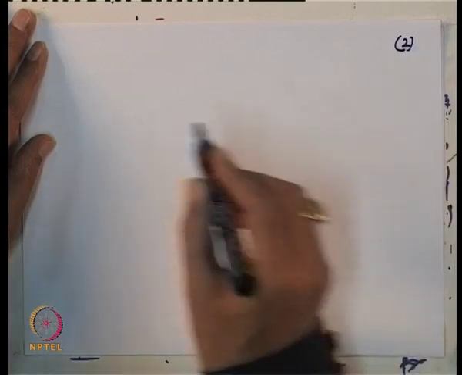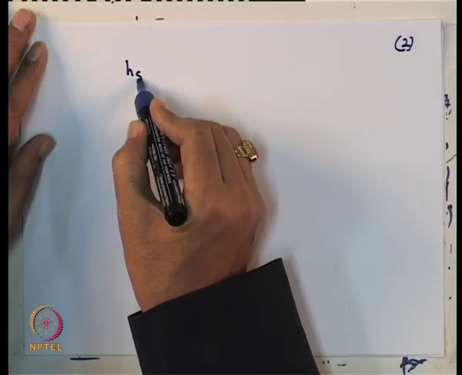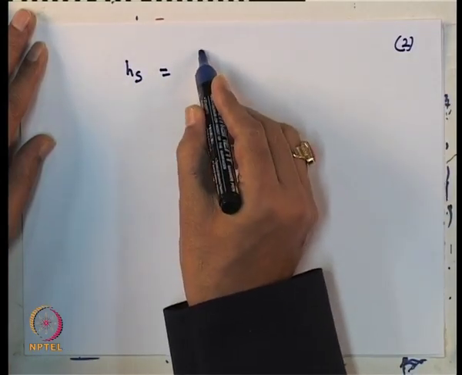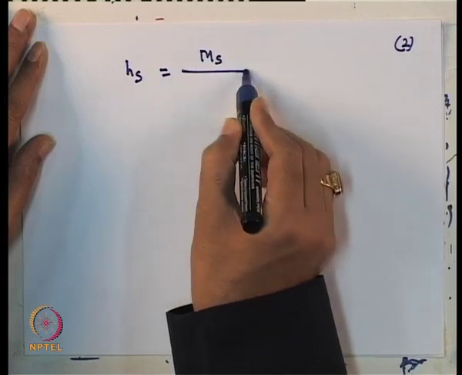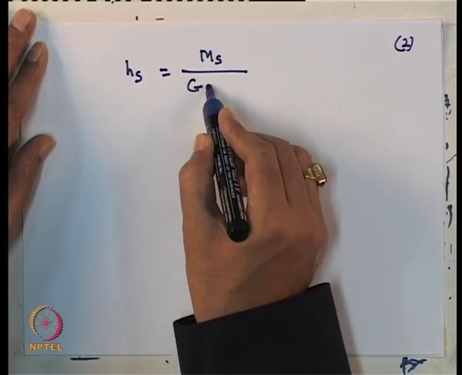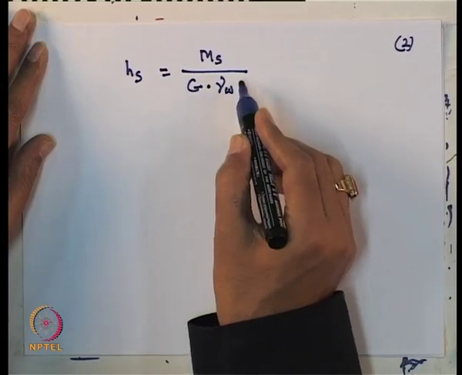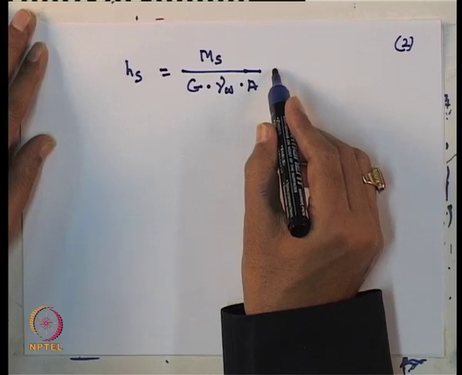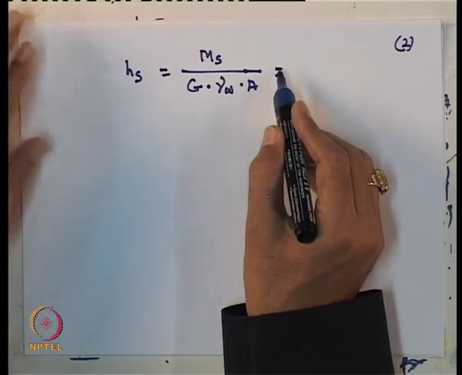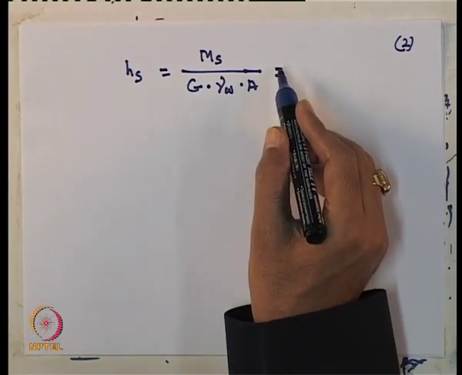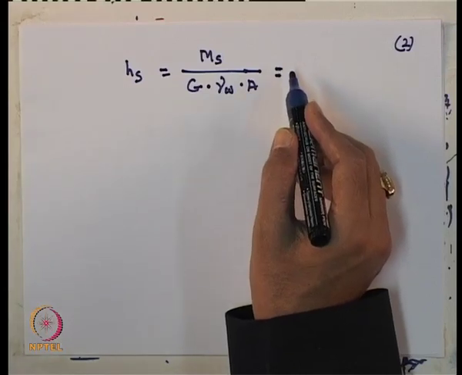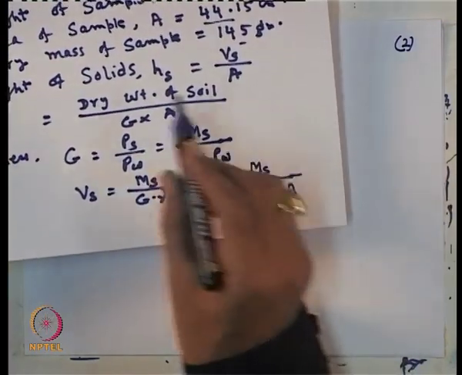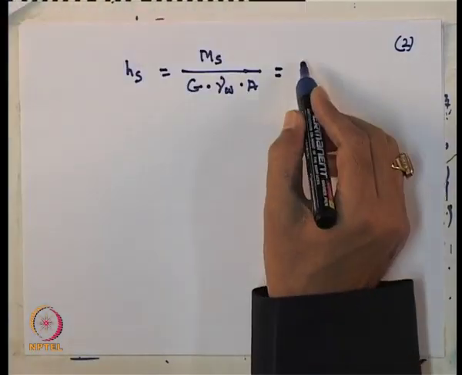Next we can write that H_s is equal to M_s divided by G into gamma_w or rho_w into A. So you know that M_s we have calculated, the dry mass weight 145.